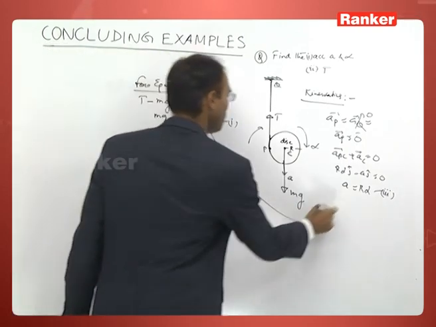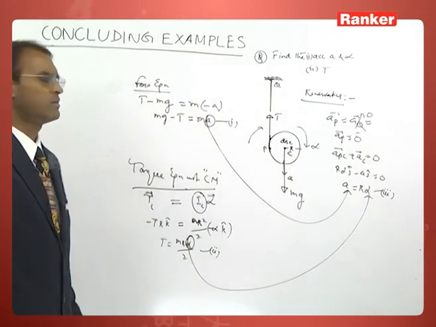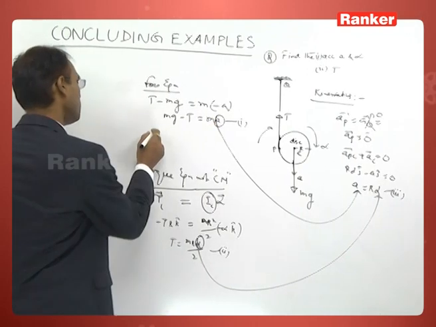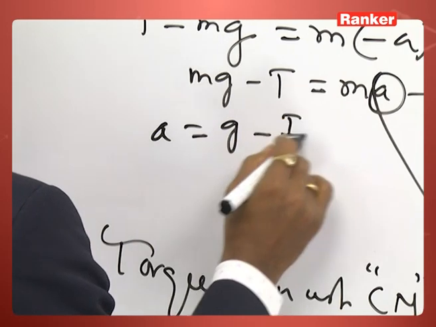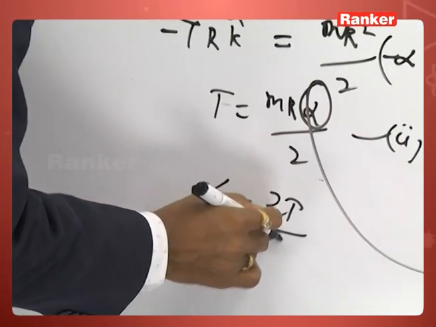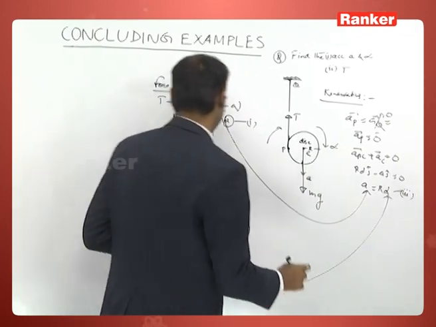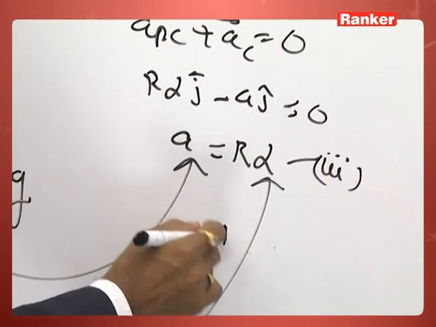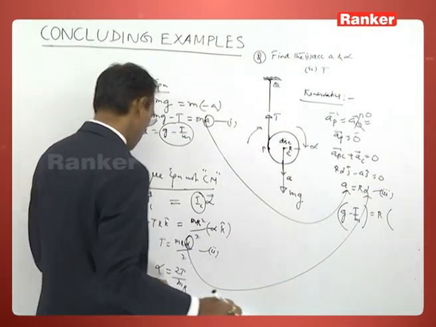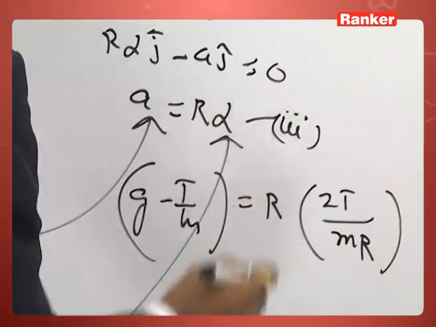Substitute A from equation 1, substitute alpha from equation 2 in equation 3. Substitute A is equal to g minus T by m, and alpha is equal to 2T by mR from equation 1 and equation 2 in equation 3 to get g minus T by m is equal to R into alpha is equal to 2T by mR. R are getting cancelled.